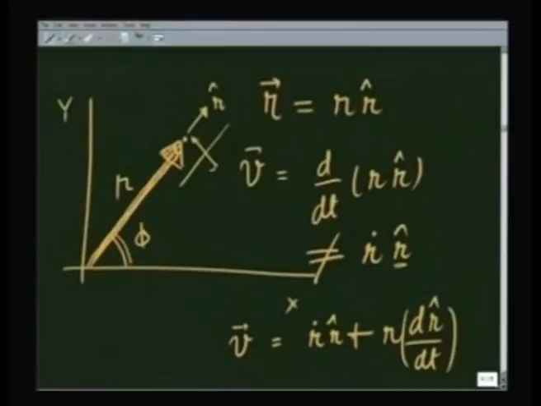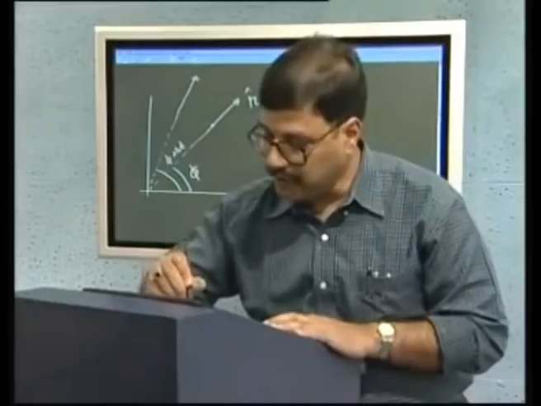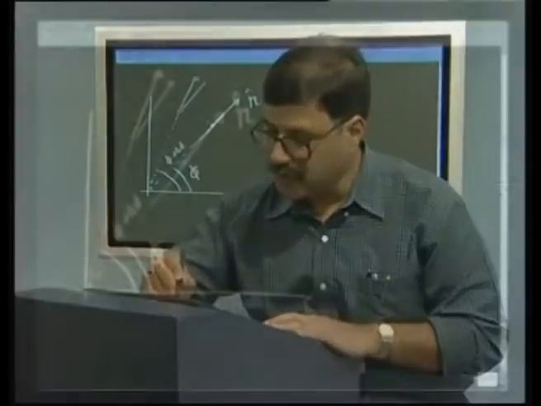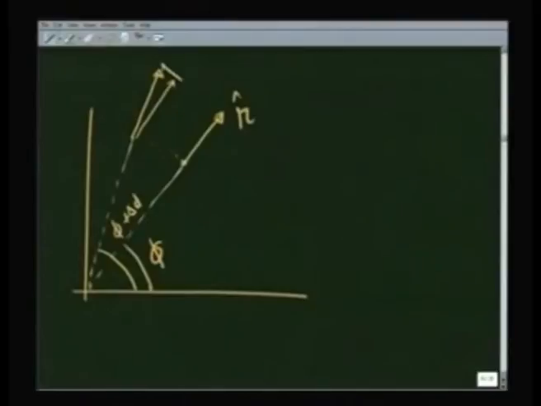Let us see how much it is. So, if I were to make the unit vector r again, here is the particle, here is unit vector r. As the particle moves, let us say in this direction, so that phi changes from phi to phi plus delta phi, the unit vector has changed by this much. Initially, if I move this parallelly, the unit vector was in this direction. So, this is the change in unit vector r. How much is this angle?